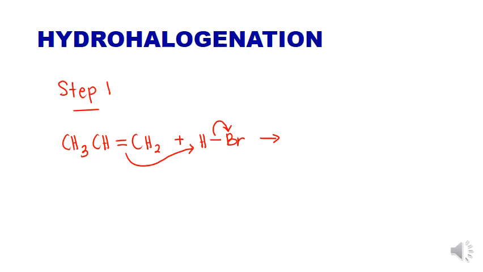So from this reaction, it produces a product that follows the anti-Markovnikov, which is the hydrogen atom will be added to the carbon of the double bond with less number of hydrogen. And then it will produce the carbocation and also the Br minus ion.